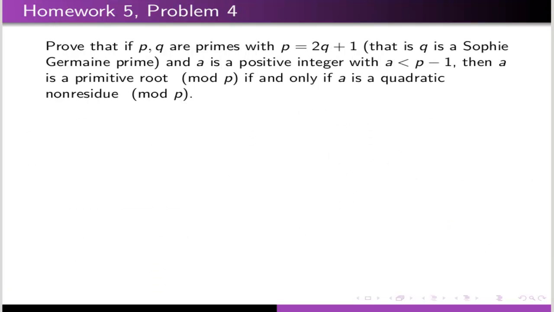Problem 4. Let's see, p and q are primes, with p equaling 2q plus 1, so that means q is a Sophie Germain prime. a is a positive integer less than p minus 1, and I want to prove that a is a primitive root mod p if and only if a is a quadratic non-residue mod p. Okay, so there are 2 directions. Let's suppose that a is a primitive root.